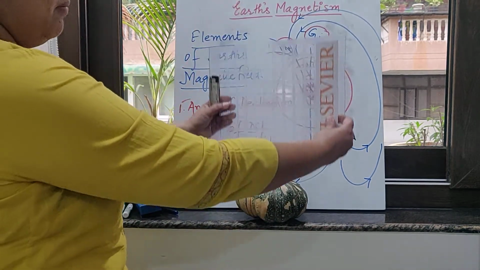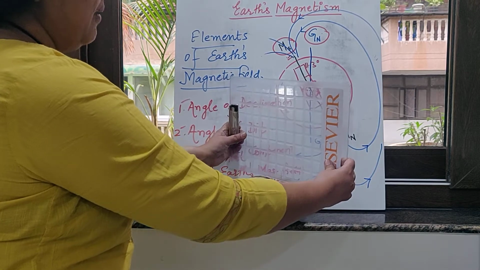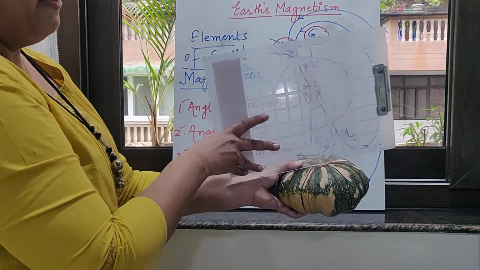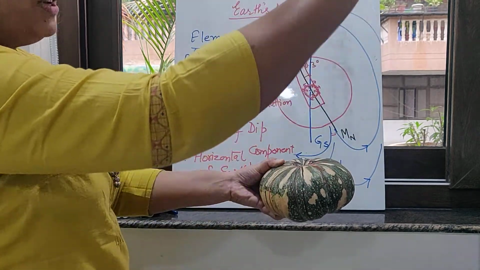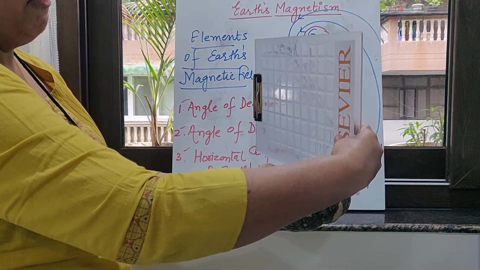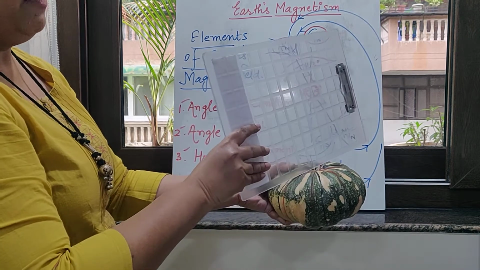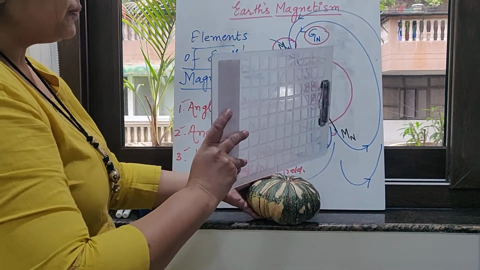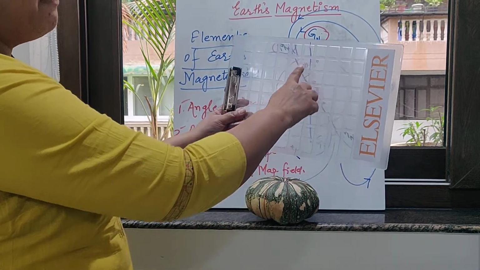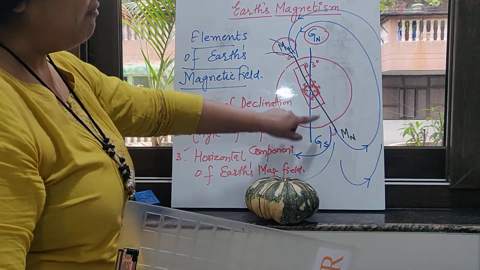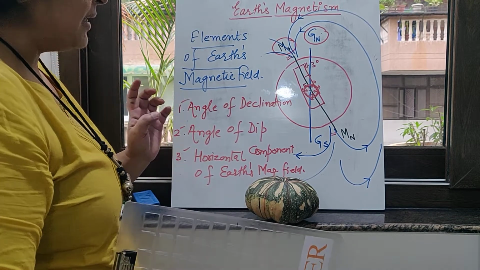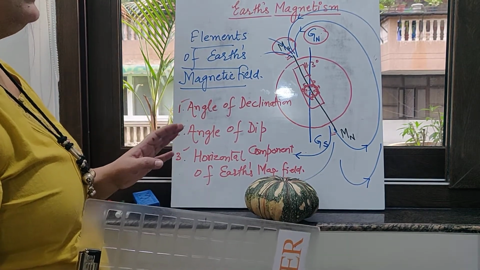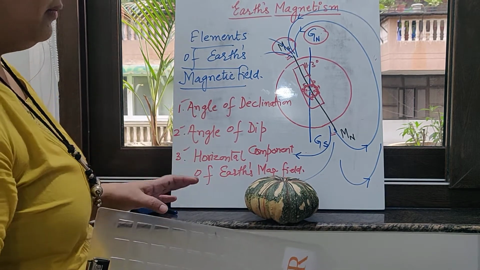So one is this plane, another is this plane, then third plane, then fourth plane, and so on. All these planes will have one line common, and that one line will be the geographic north-south axis. So these vertical planes are called the geographic meridians, right?